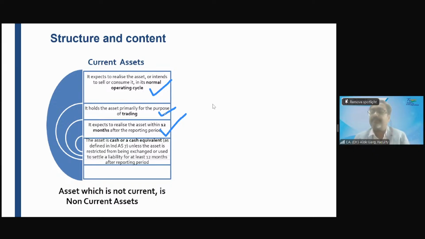For example, DLF. Have you heard about DLF Limited? It's a big listed real estate company. So DLF is into the business of selling land and buildings, plots. And these buildings will not necessarily be sold within 1 year or within the operating cycle, right?